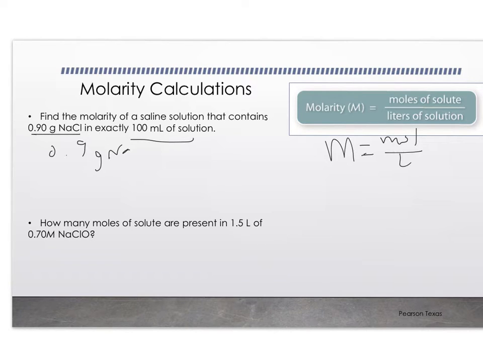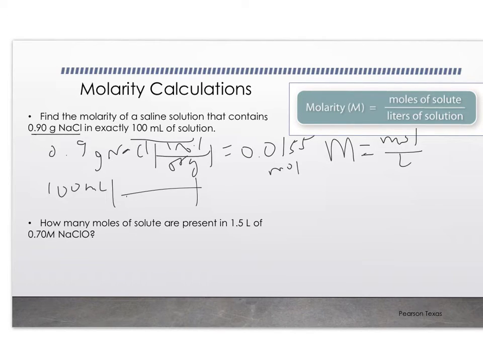Convert grams of NaCl to moles using the molar mass of NaCl, which you should know how to do by now. So 0.9 divided by 58, we get 0.0155 moles. And then we need to convert 100 milliliters to liters. There are 1,000 milliliters in 1 liter, so 100 divided by 1,000 gives you 0.1 liter.